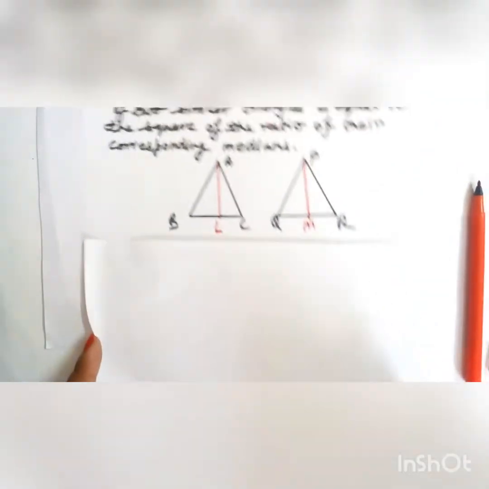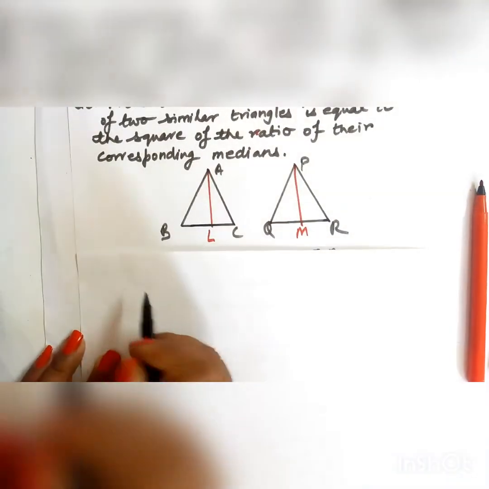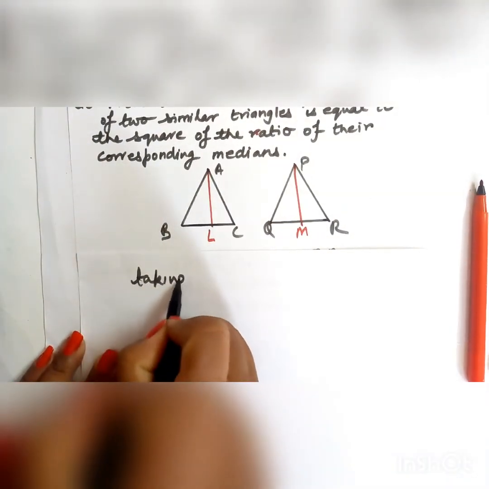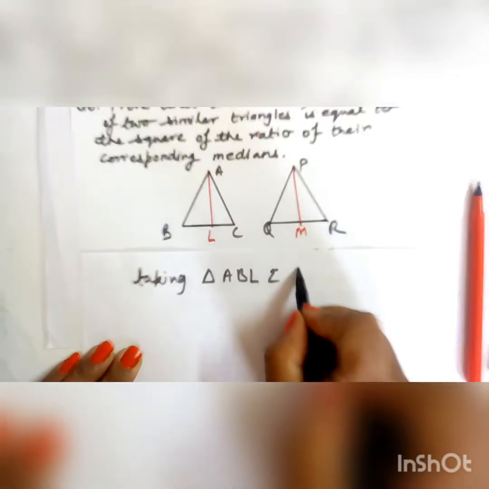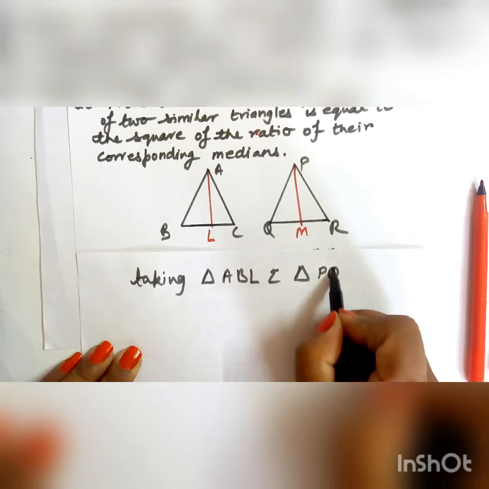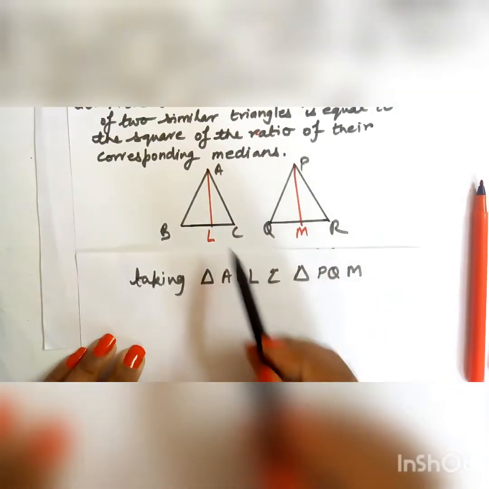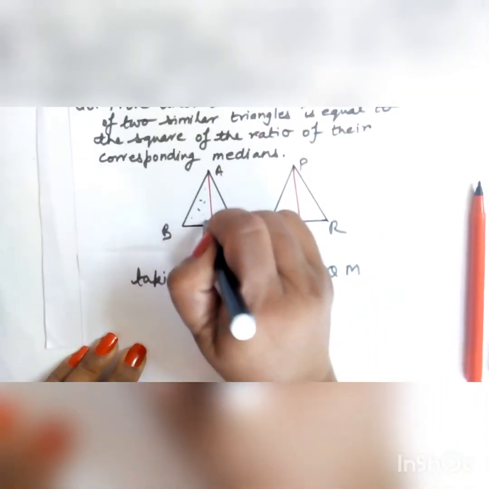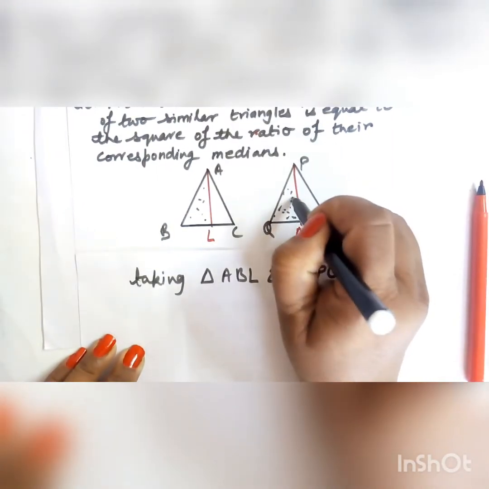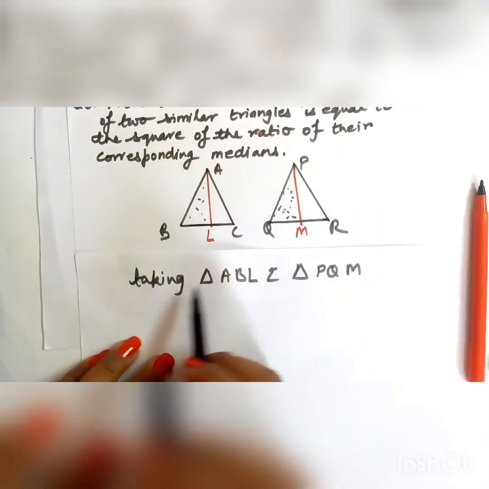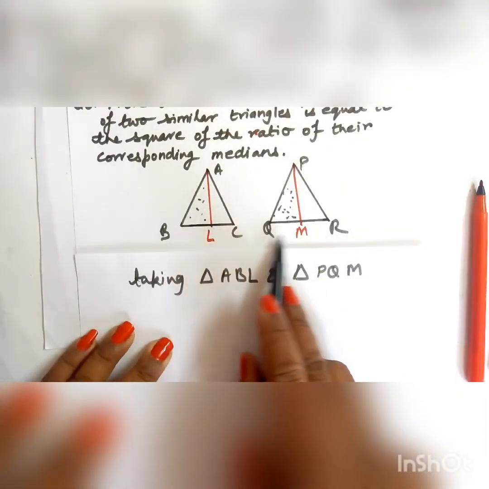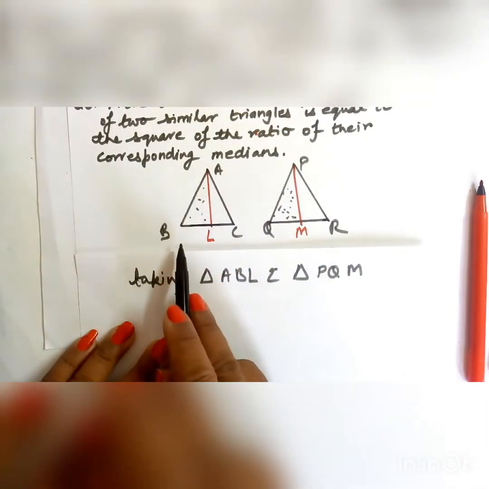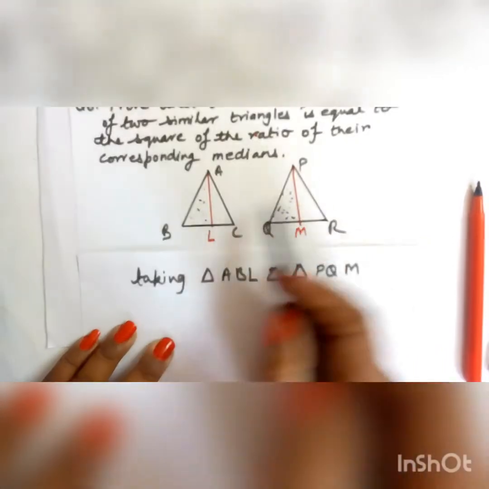Now taking triangle ABL and triangle PQM. Okay, these two triangles we are going to take. Now we know that BC upon QR is also proportional to AB upon PQ.